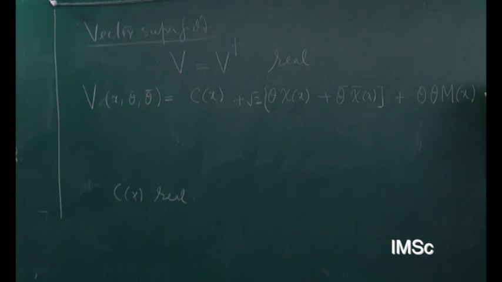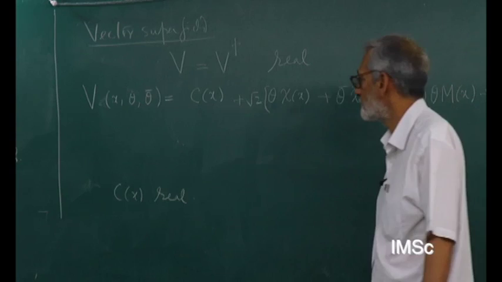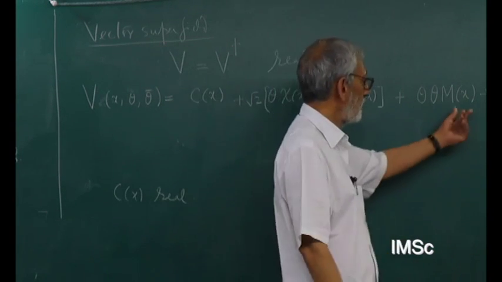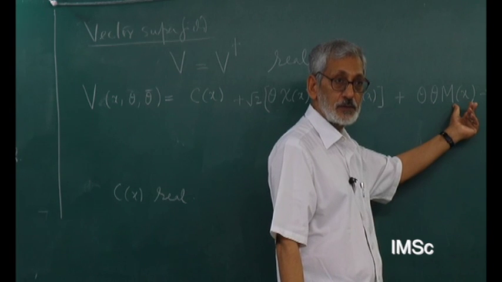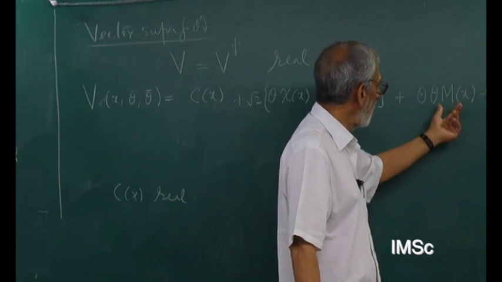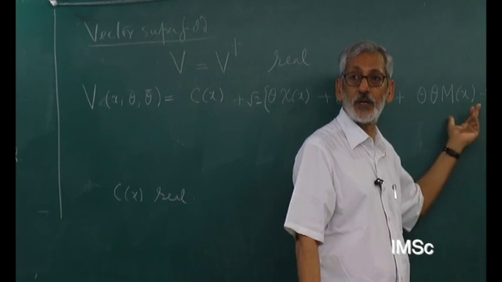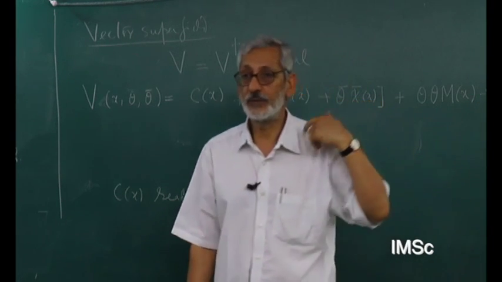So to make it real, I add theta bar, M x star. So M is not a real field. M is complex. Again, in general superfield, I had introduced M here and N here, independent ones, but N now would be an M star, because I want a real superfield.